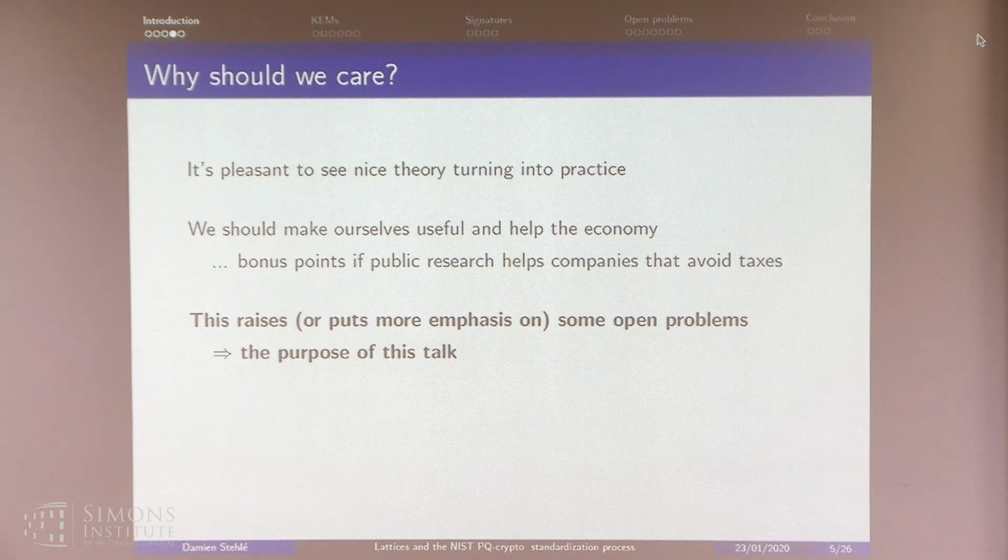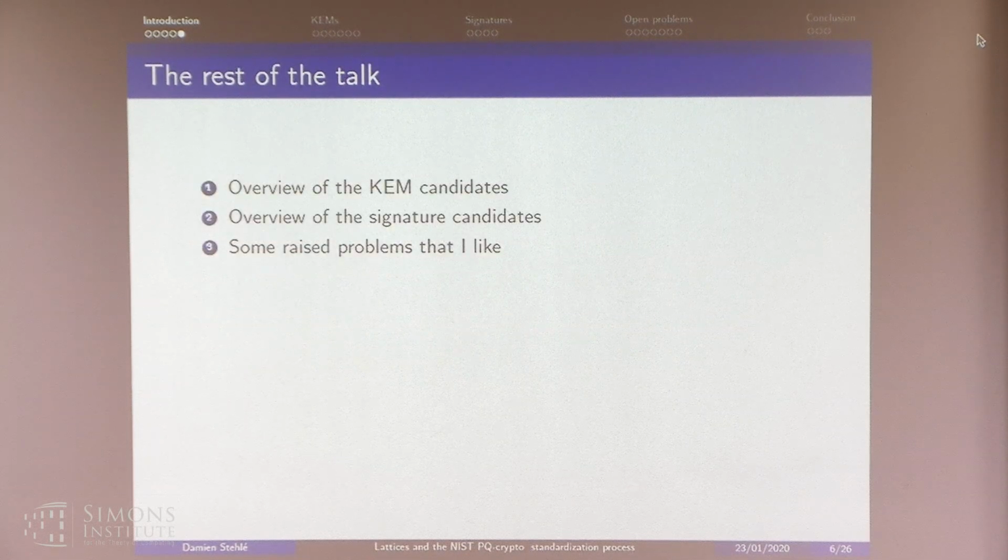And that's the purpose of my talk. During the rest of this talk, I will overview the KEM candidates, overview the signature candidates, and then I will comment about some problems that are somehow related to this standardization problem, problems that I like. I don't claim that these are the interesting problems in general. It's just my personal choice.